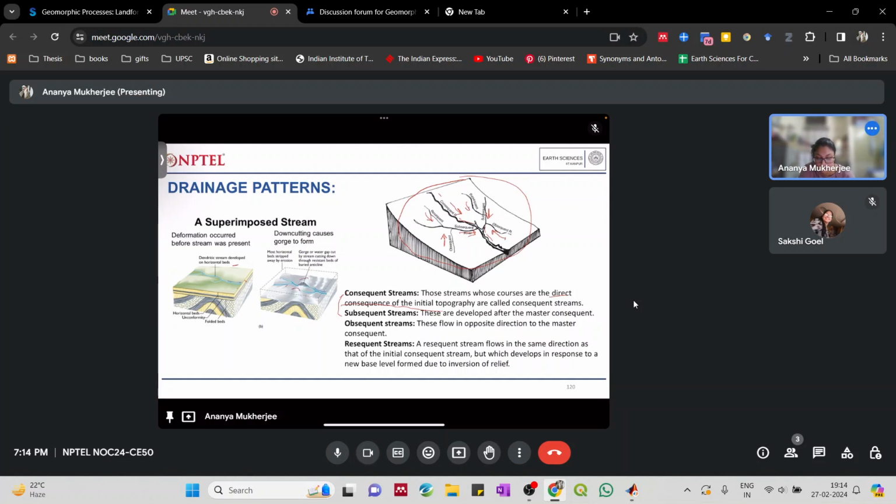But with erosion you can see that this folded structure is exposed over here, and because of that there is a change in the rate of erosion that can be seen. So the horizontal beds are stripped away by erosion, and the drainage pattern is now superimposed on the new tectonic setup that is present over there.